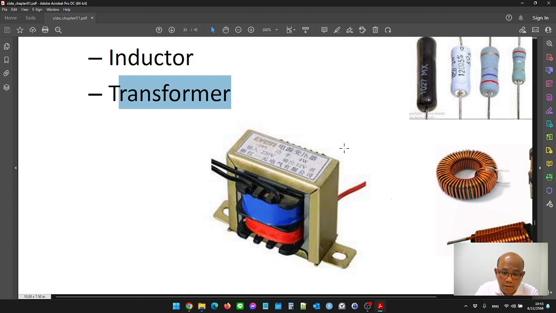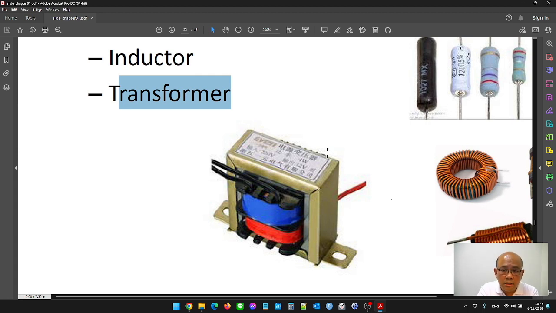The transformer has two types of body, as in the picture. An iron body supports only low frequency, similar to the coil I told you about. Sometimes the transformer is made from a ferrite body that runs at very high frequency, starting from 10 kilohertz until maximum about 100 kilohertz.